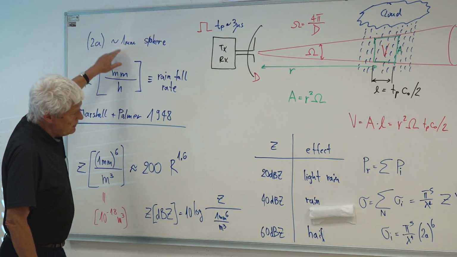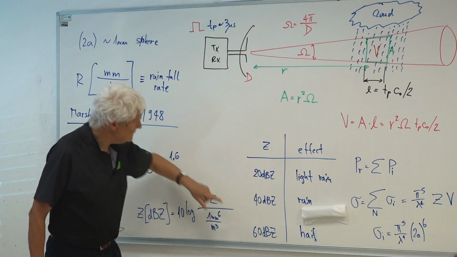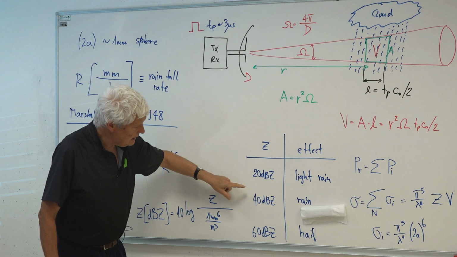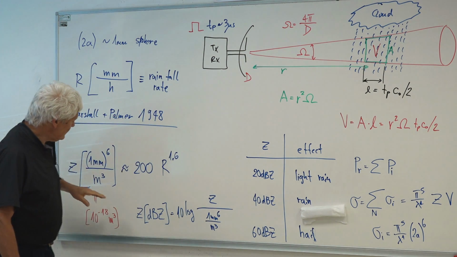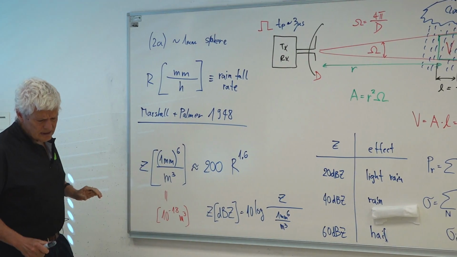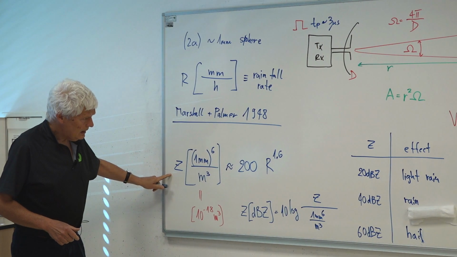Of course, when the rainfall rate increases, also Z increases, but inside Z also the diameter of single drops increases. But this is not important for me because Z is given.